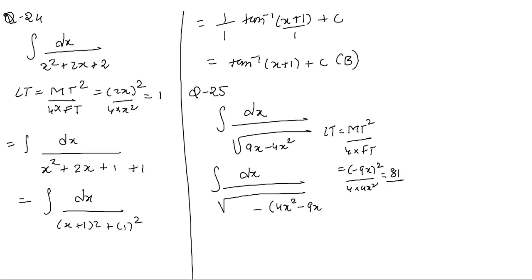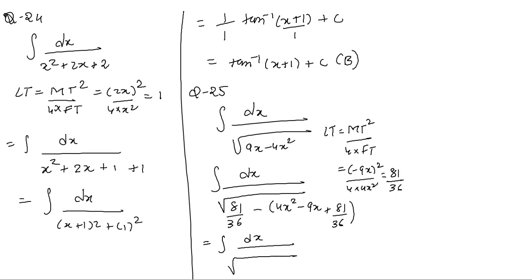81 upon 36 x square will get cancelled out. So I will take plus 81 by 36. Actually I am taking minus 81 by 36, so I will balance that by taking plus 81 by 36.